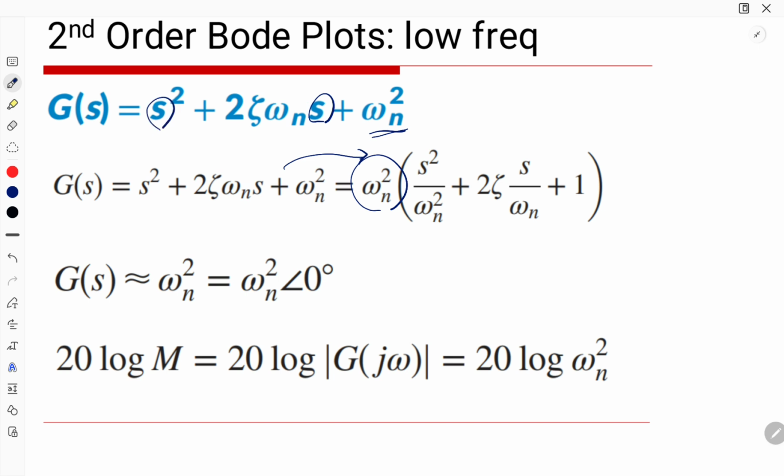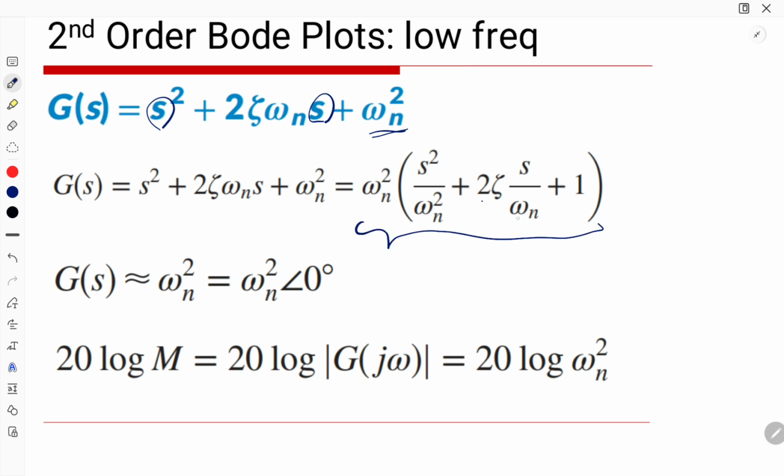So s squared over omega n squared plus 2 xi s over omega n, because you're dividing by omega n squared, and there was 2 xi omega n s, so those cancel out and you're left with s over omega n. Since you pulled out omega n squared, it's omega n squared over omega n squared, that is 1. So you have it in terms of this.